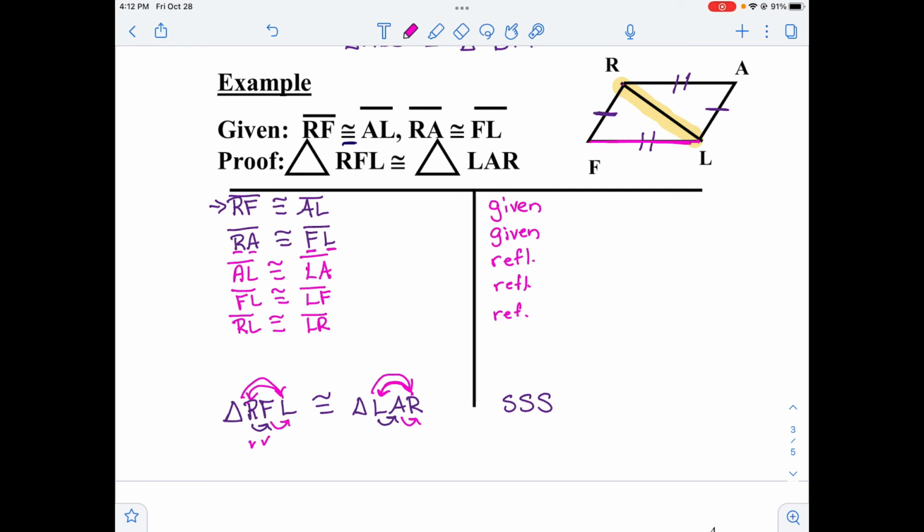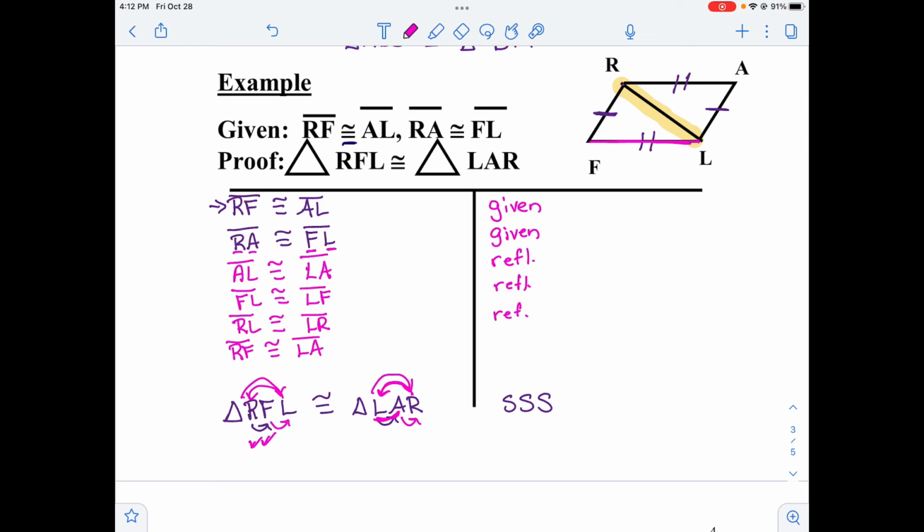Well, we already had RF, correct? And AL is where our first mess up was. We need to have it say LA. So we're going to use something else to help us. So we need RF to show congruency to LA.